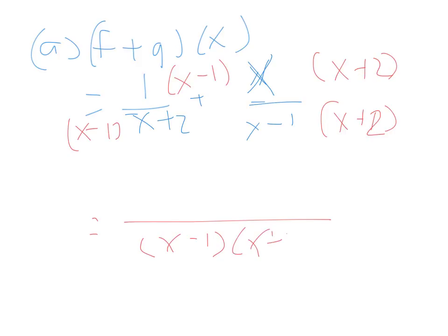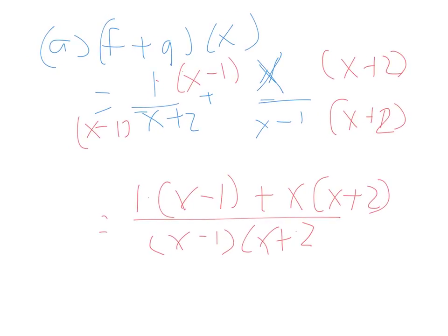So it'd be x minus 1 times 1 plus x times x plus 2, all over x minus 1 times x plus 2. Those should cancel out, so we're good.